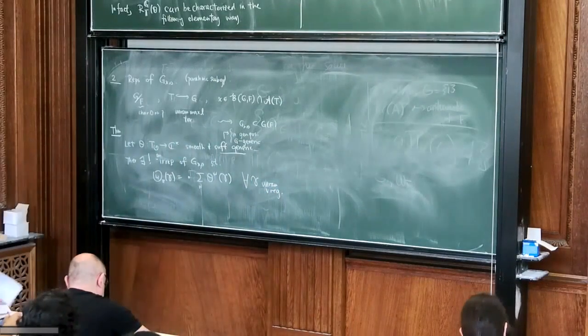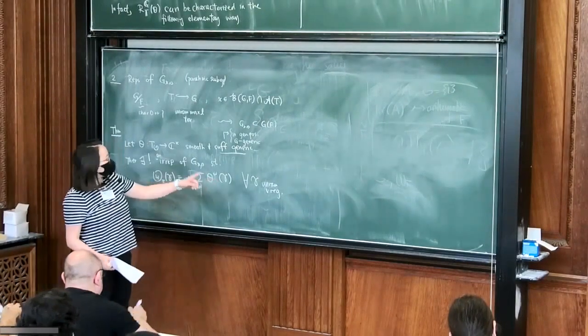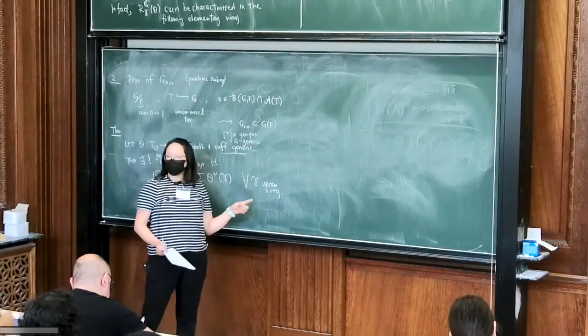Okay, so we don't have a notion of regular semisimple anymore here. However, we can if we replace the notion of regular semisimple over there with unramified very regular, then we obtain the same simple formula.